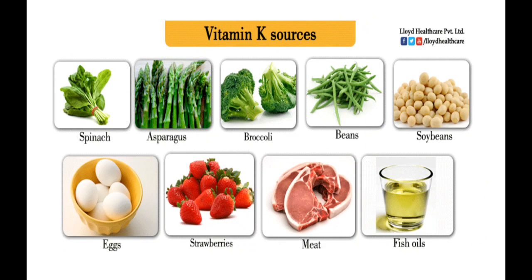So what are the sources of vitamin K? Greeny leafy vegetables are the main sources of vitamin K, that is spinach, asparagus, broccoli, and beans, and any other greeny leafy vegetables. The other sources of vitamin K are soya beans, eggs, strawberries, meat, and fish oils.